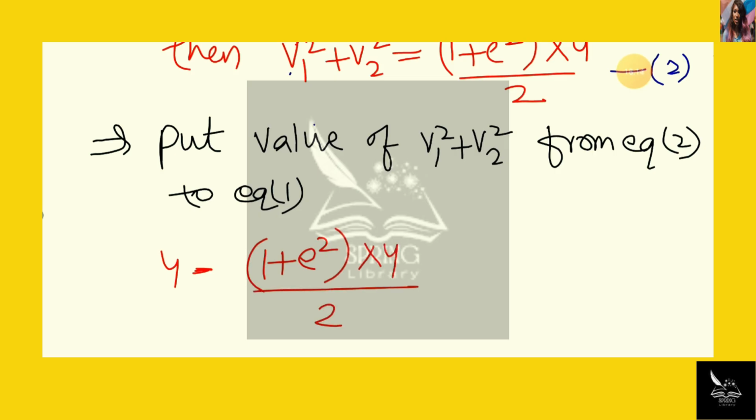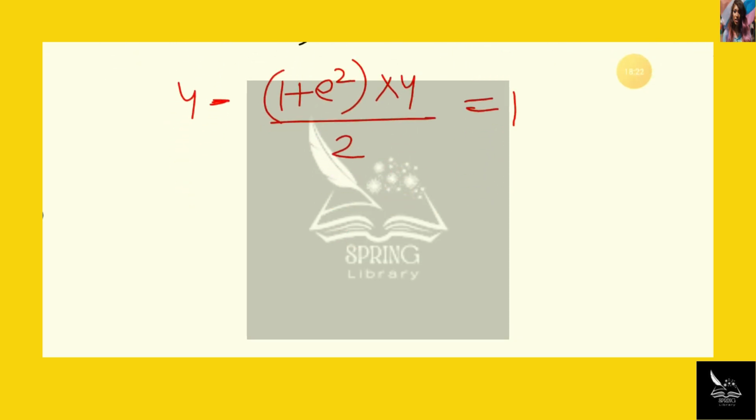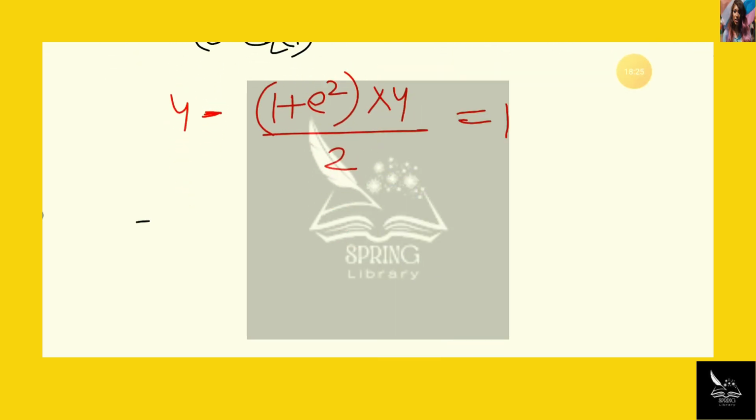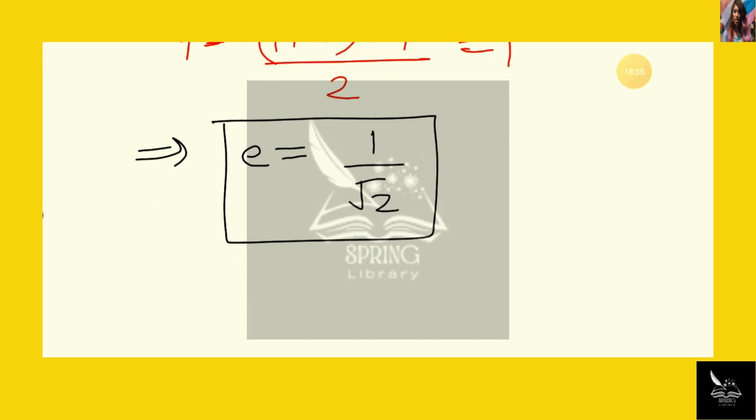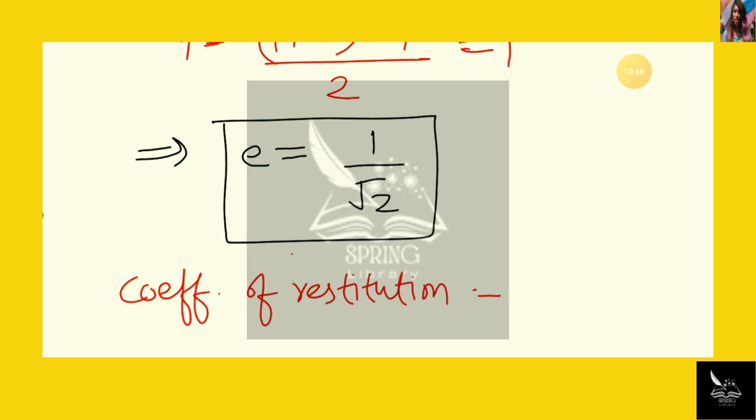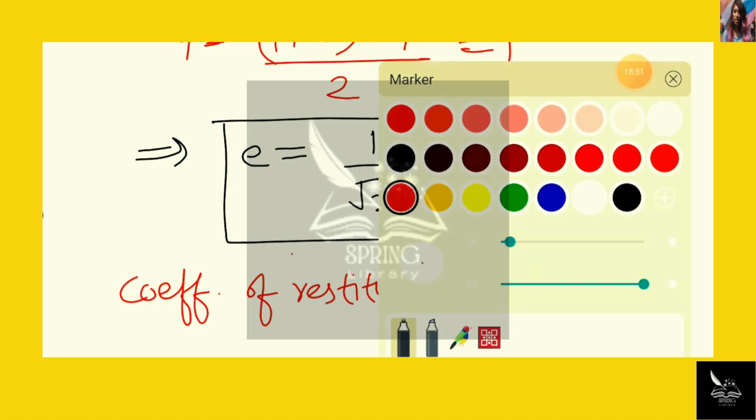Now simplify it, then I will get the answer, E is equal to 1 over square root of 2. So I have got the answer: the coefficient of restitution is equal to 1 divided by square root of 2. So this is the answer of the given question. Thank you.